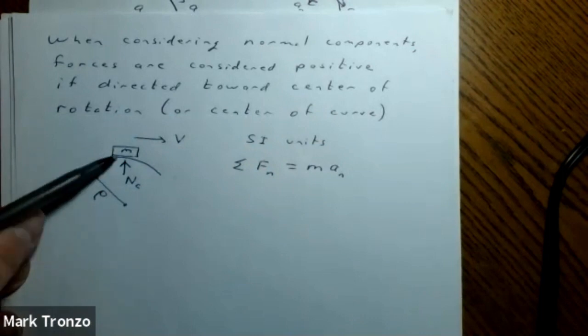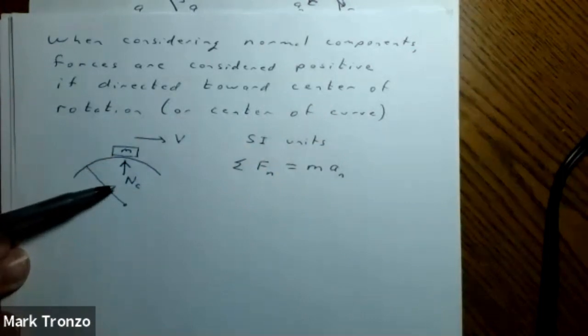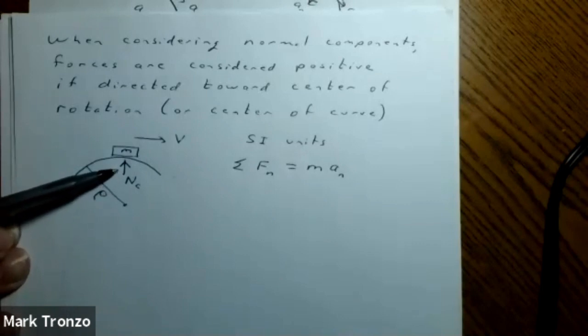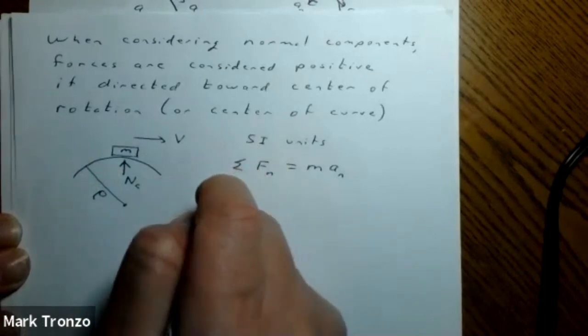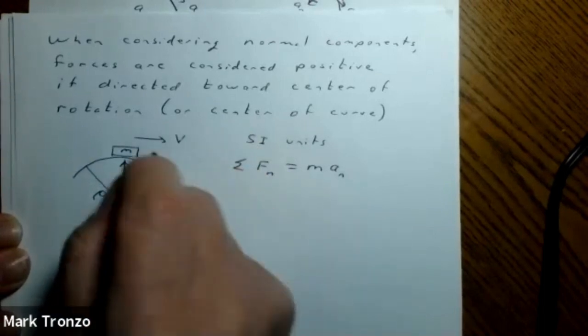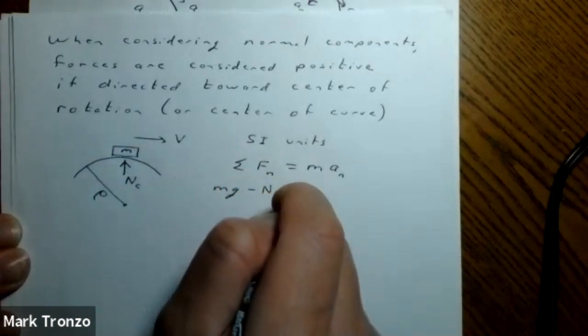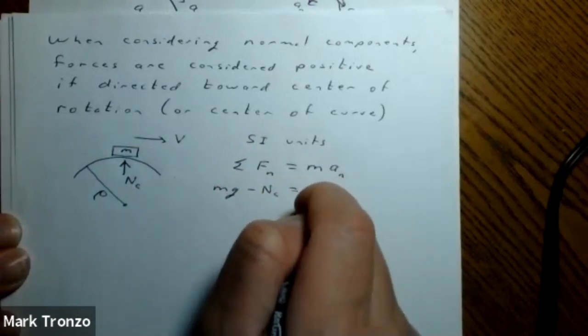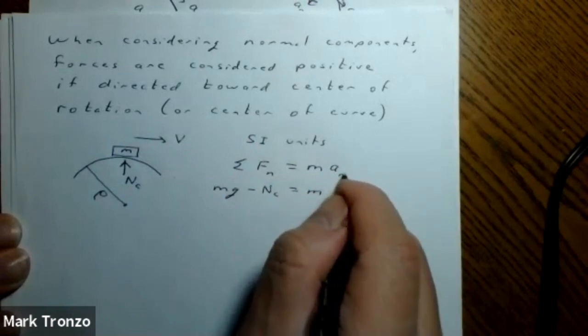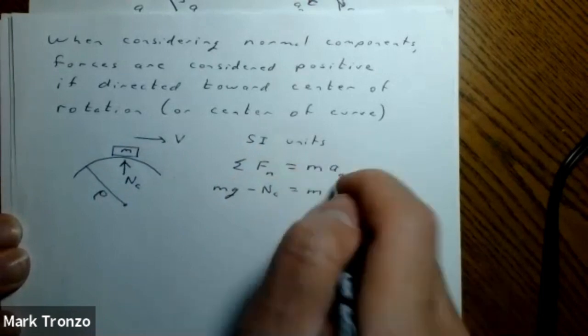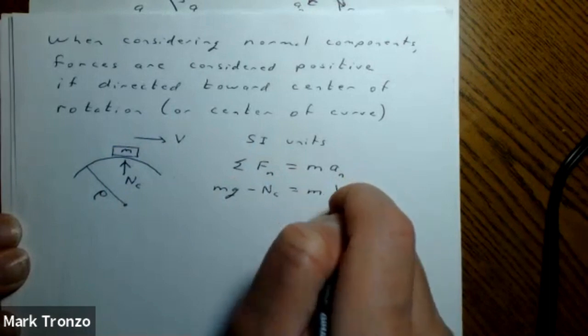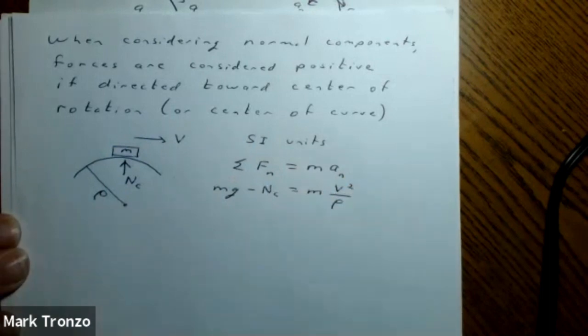Now in this case, since the normal force is considered away from the center of rotation, going outward, it's going to be negative. So it's going to be mg minus N_C equals your mass times a_n, and of course a_n is just like before: velocity squared over radius.